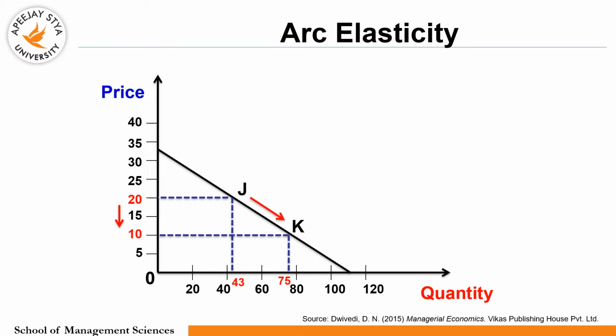So change in P, or delta P, is 20 minus 10, which is equal to 10. This big fall of 50% in price causes a large increase in demand from 43 units to 75 units.